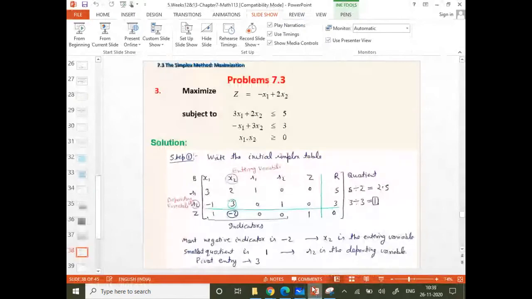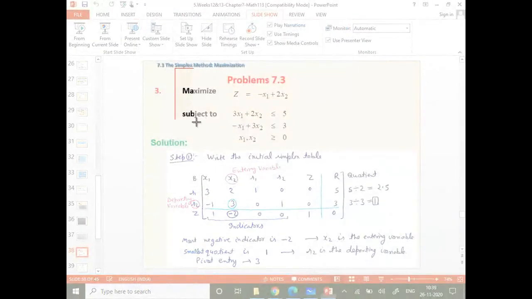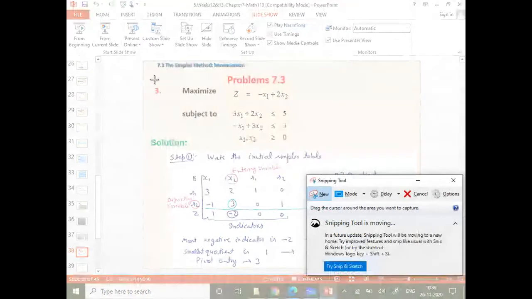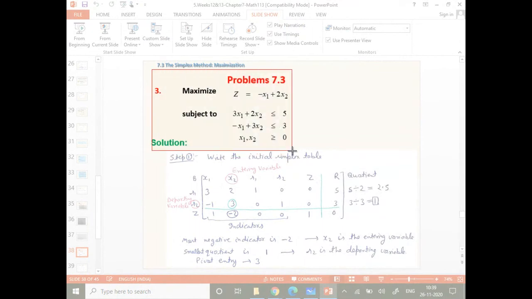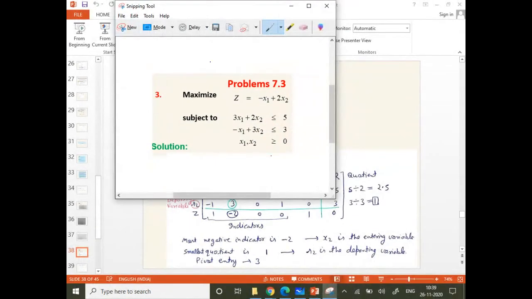Yes, we are solving another one. This is problem number 3 from the textbook.